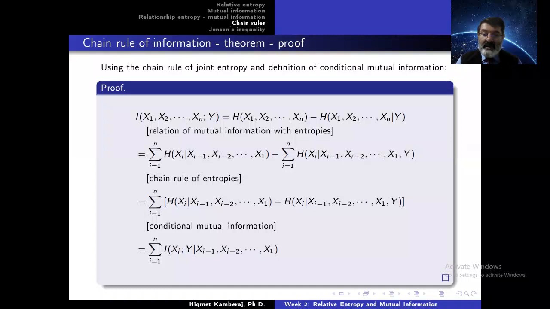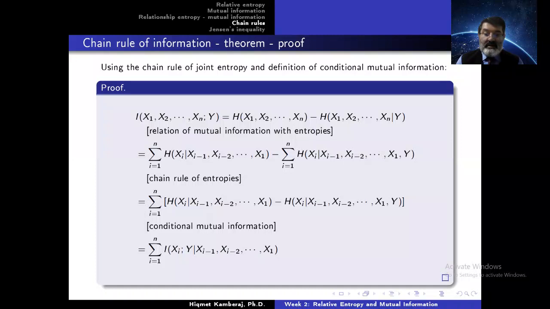Right? Then we write each term within the sum as one sum, the sum of i from 1 to n. Then in the parenthesis I have the difference between the two conditional entropies, h of xi given xi minus 1, xi minus 2, x1, minus h of xi conditional on xi minus 1, xi minus 2, x1, y.